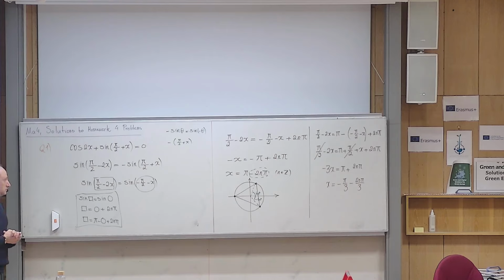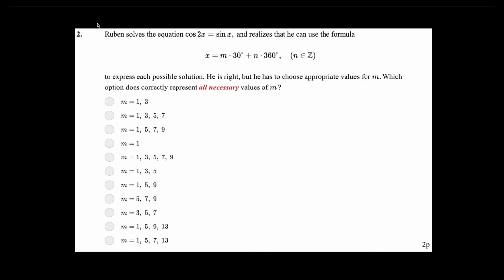Okay, so this is one of the problems that we are supposed to solve, so let me go to the next one. Might be this is a little bit unusual question, but let us see how we think about it together. So Ruben solves this equation and realizes that he can use only this formula to express each possible solution.